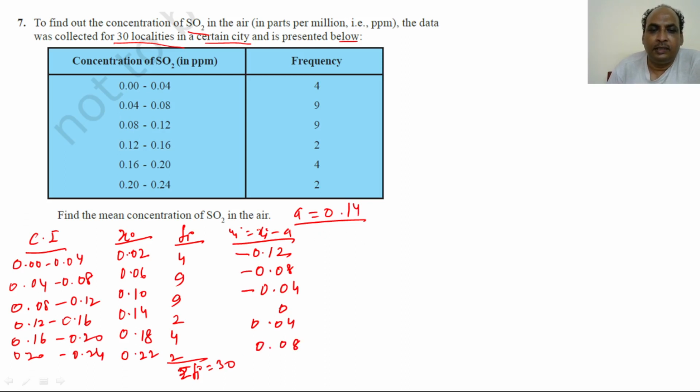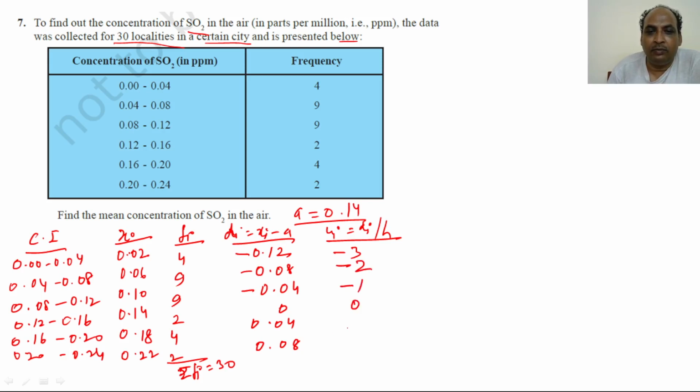Then di and ui is equal to di by h. h is 0.04. So it is giving minus 3, minus 2, minus 1 when we are dividing.